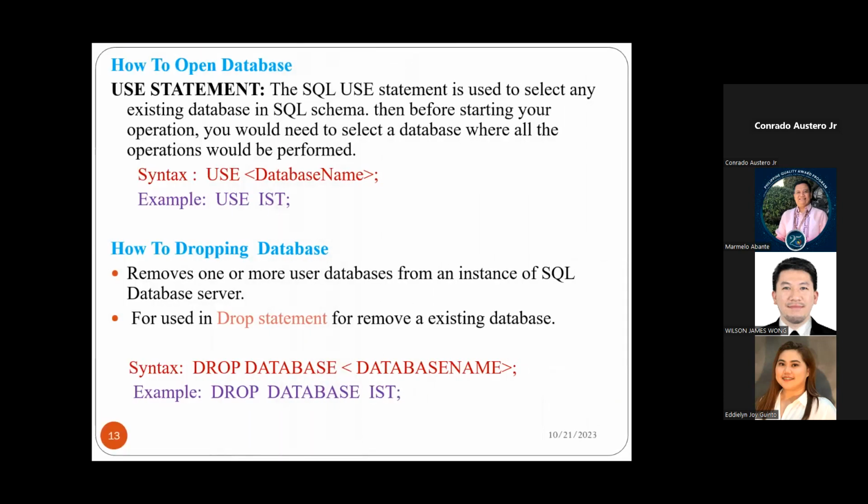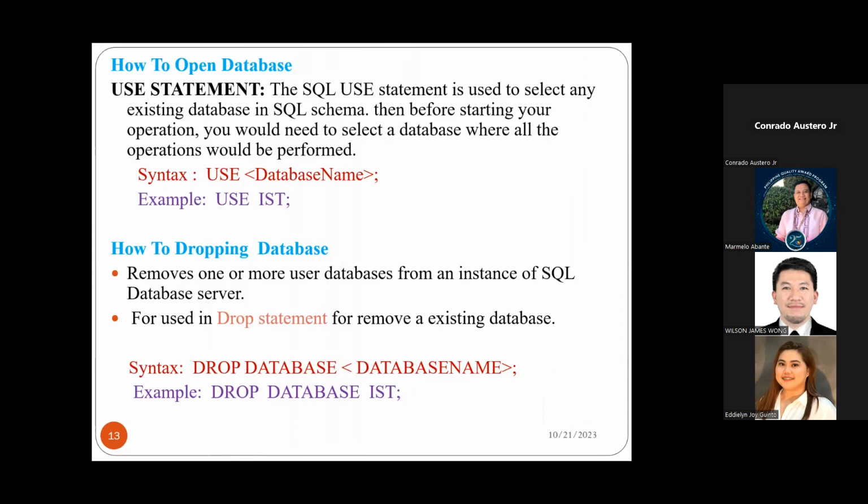How to open a database. The SQL USE statement is used to select any existing database in the SQL schema. Before starting operations, you need to select the database where all operations will be performed. For example, USE IST.